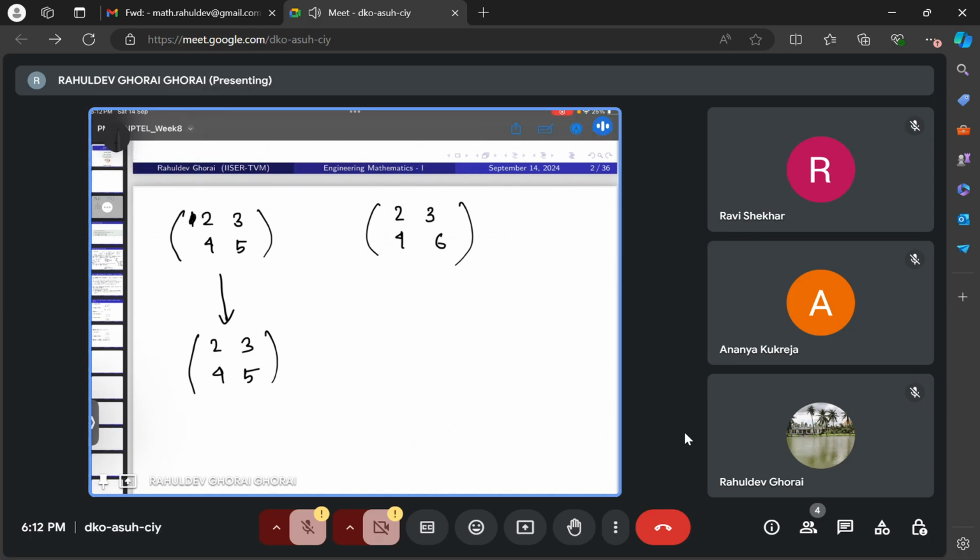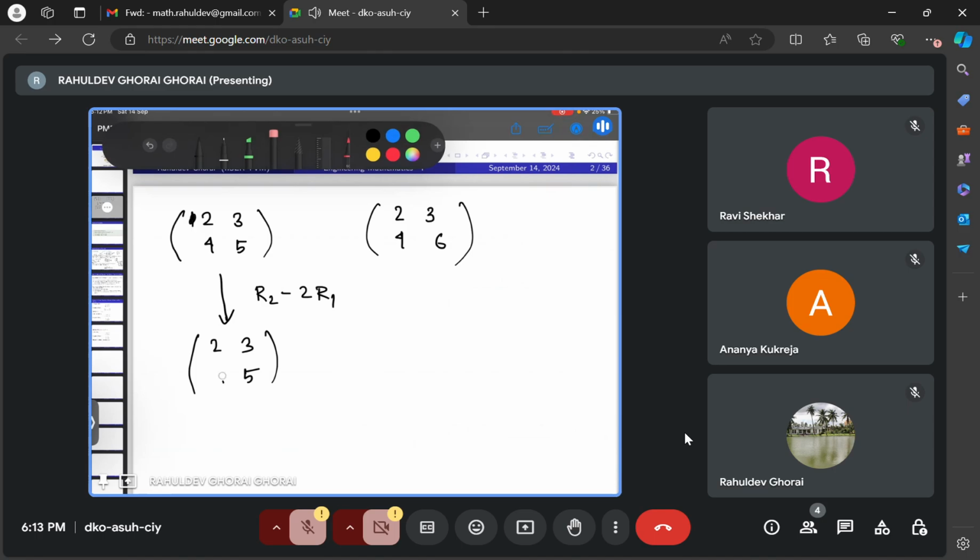What I will do is the operation R2 minus 2R1. That makes this 4 minus 2 times 2, and 5 minus 3 times 2, right? That is nothing but 2, 3, 0 and minus 1, right?